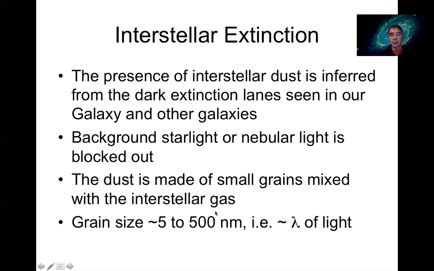And in terms of optical pictures, this is important. The fact that the grain size is similar to the wavelength of light means that these solid particles are extremely efficient at interacting with light, with optical radiation. So the wavelength of the photon is similar to the size of the grain. These grains are basically dielectric materials.